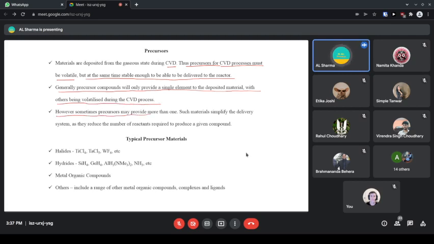However, sometimes precursors may provide more than one element, which simplifies the delivery system as it reduces the number of reactants required to produce a given compound. So note down that these are the typical materials deposited using the chemical vapor deposition process.